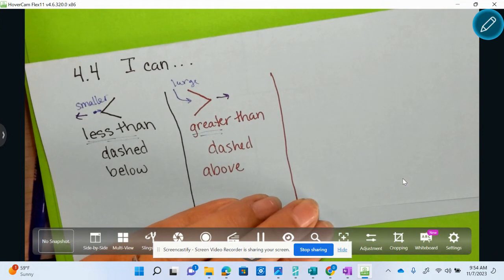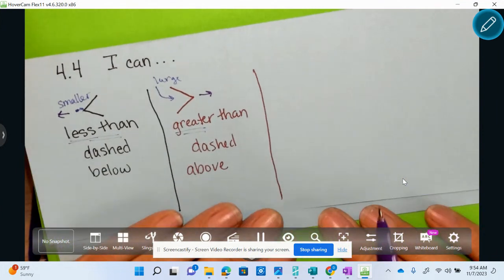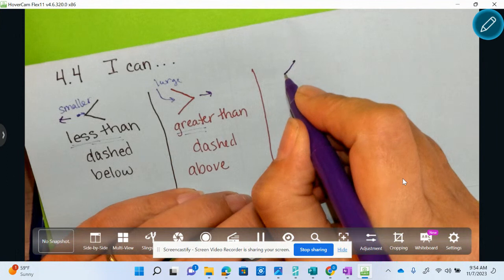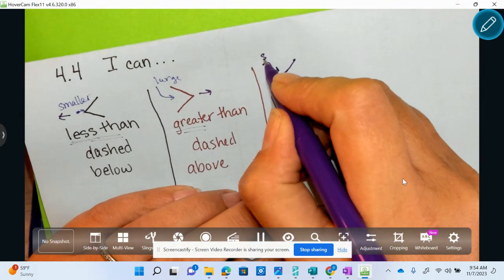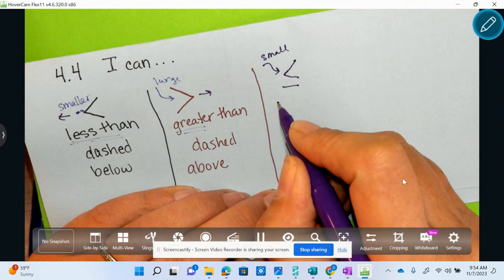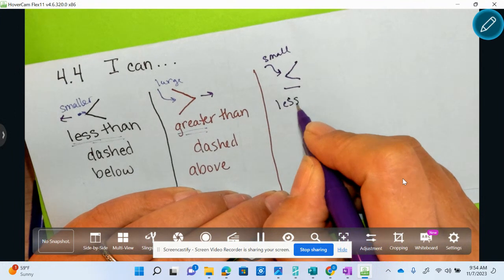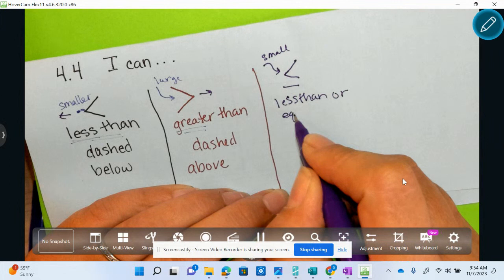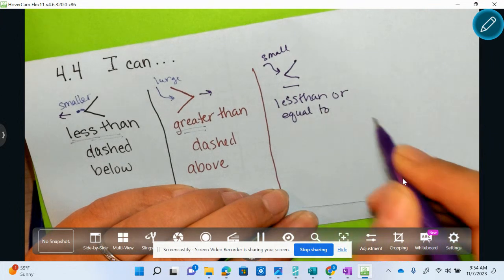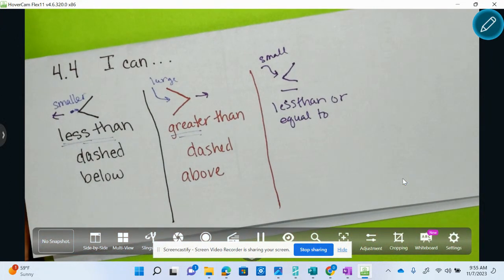All right, what's the next symbol? What do you guys want to do next? Less than or equal to. So this is my small side. This is the small side. So that means it's going to be less than or equal to. Less than or equal to.